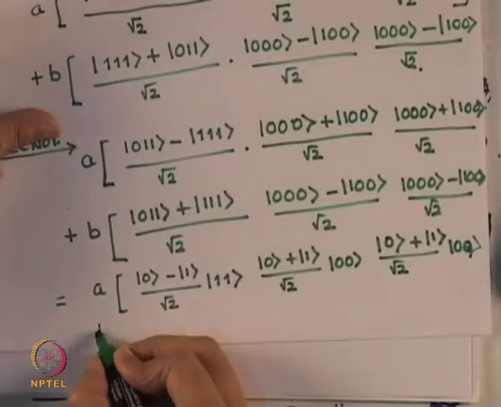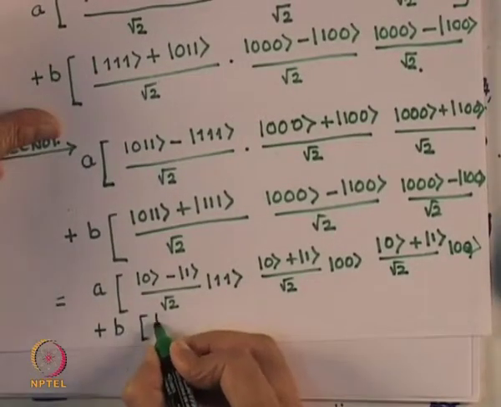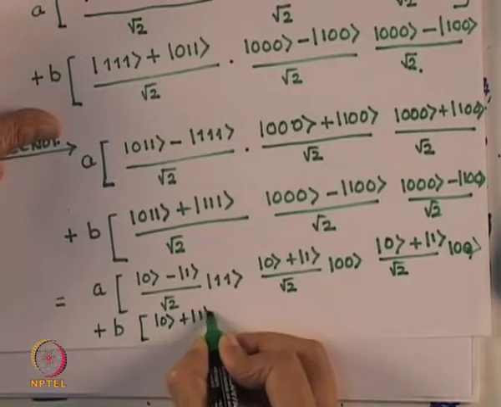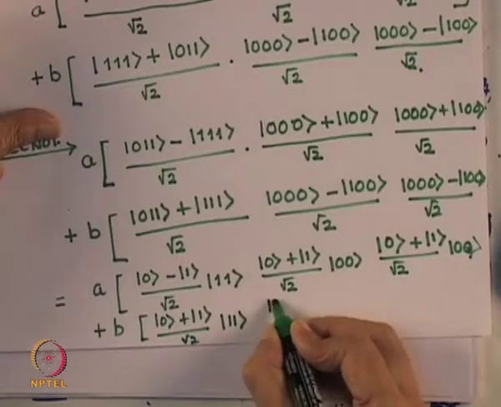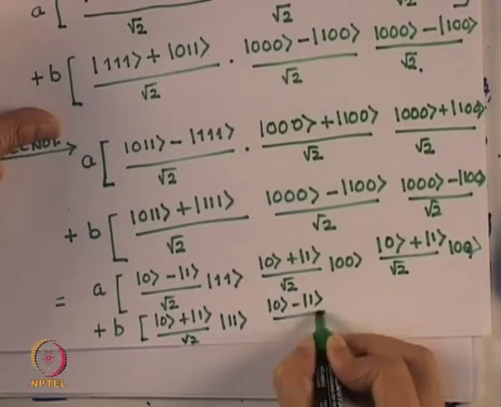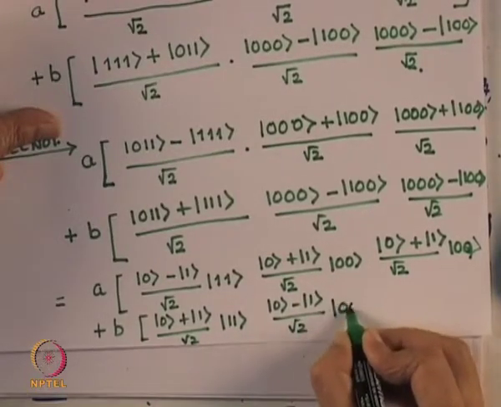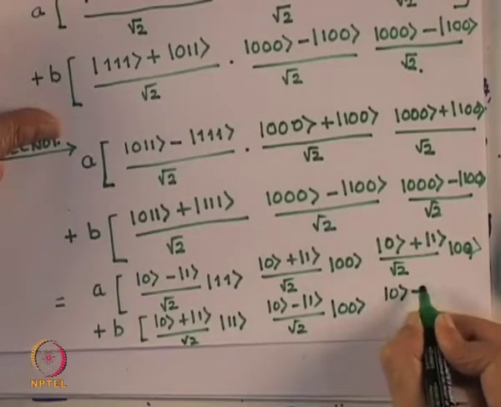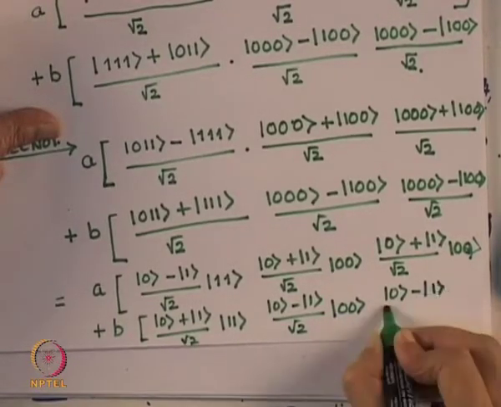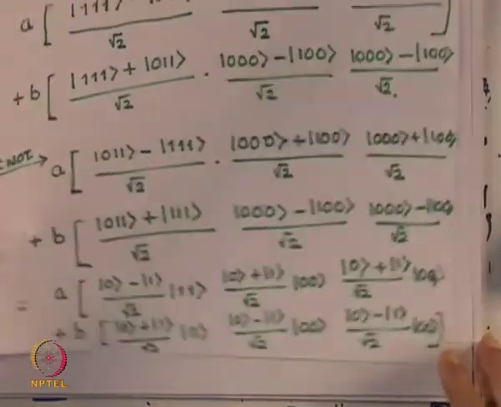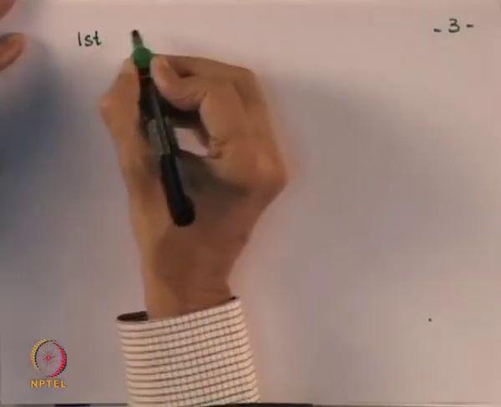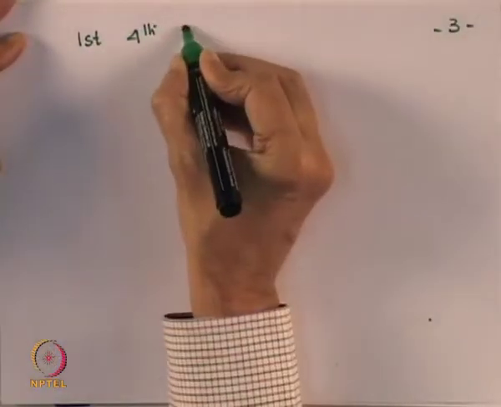And likewise, B times 0 plus 1 by square root of 2, 1, 1, 0 minus 1 by square root of 2, 0, 0, and 0 minus 1 by square root of 2, 0, 0. As I said, I ignored the second set of qubits that I had introduced, and I will now be looking at only the first, the fourth, and the seventh qubit.